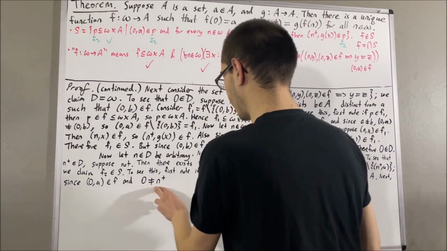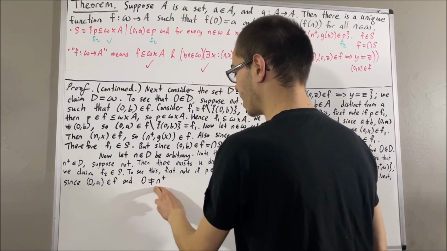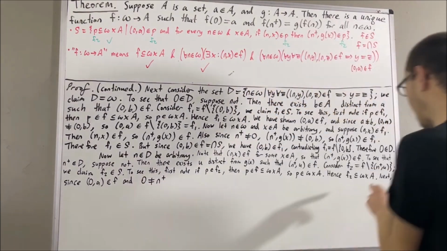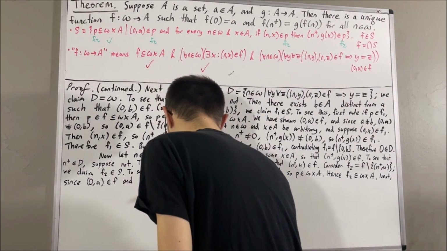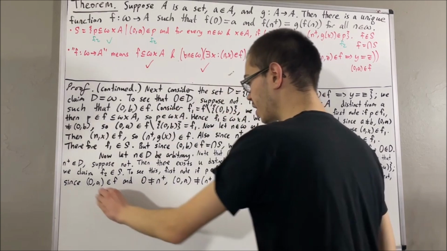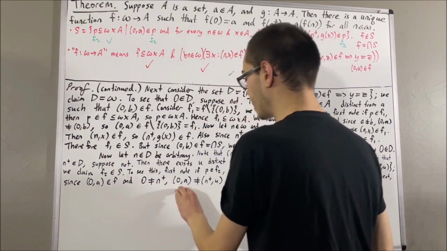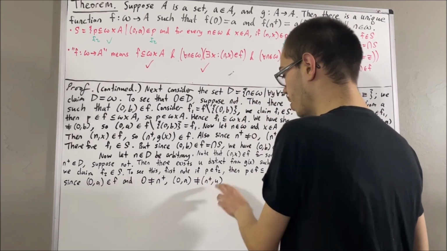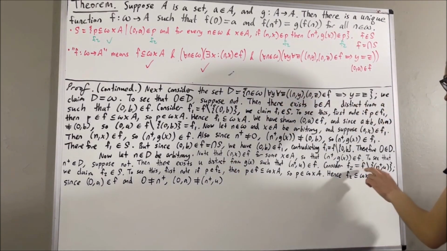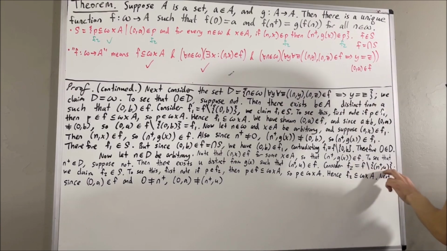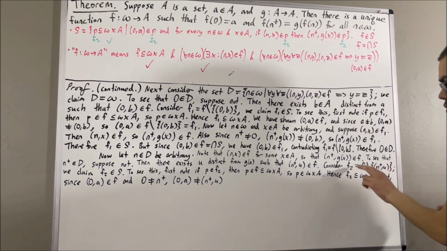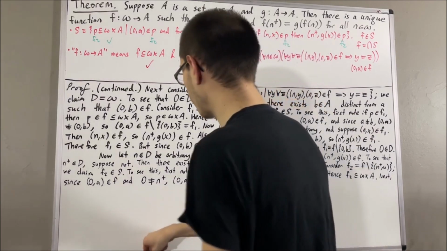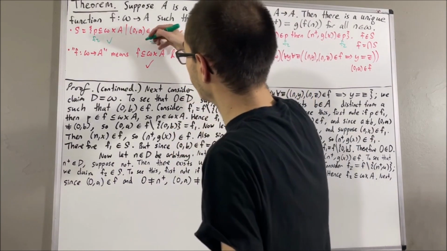Well, since 0 is not the successor of n, then there's no way that 0 comma A could be equal to the successor of n comma u. So this shows that 0 comma A is an element of F, and 0 comma A is not equal to the successor of n comma u. So 0 comma A must be an element of F with the successor of n comma u removed. Or in other words, 0 comma A is an element of F2. So that shows F2 satisfies this condition.